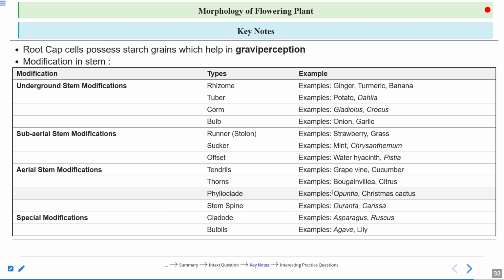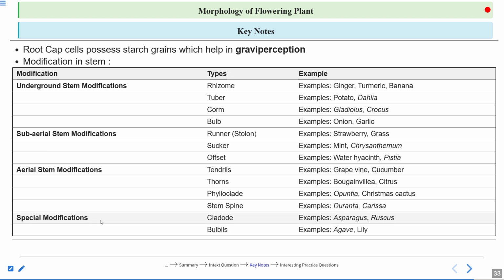Phylloclade, for example Opuntia: the stem is transformed into a leaf-like structure and bears spines or thorns. That is called phylloclade. We see Opuntia and Christmas cactus. Stem spine: examples are Duranta and Carissa, where the stem is transformed into spines.